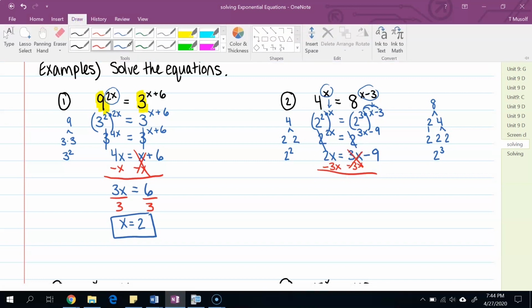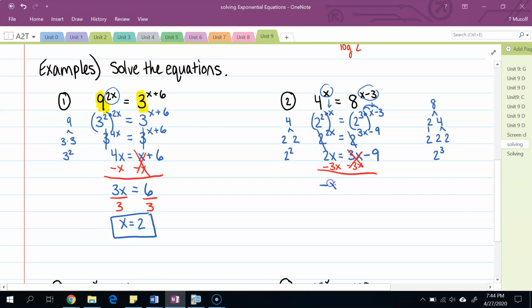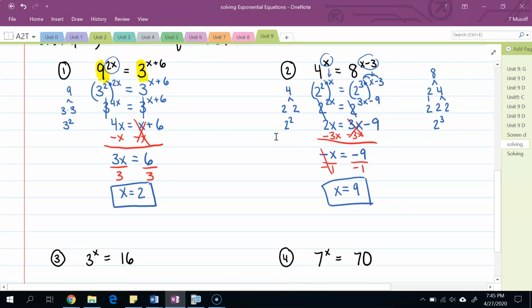Okay, but in doing that, now I'm going to have negative x equals negative 9, so I still have to divide by the negative 1 that's in front of the x. And that will lead me to my answer, x equals 9. Okay, again, you're welcome to plug it back in, right, and see if it works. It should, unless you made a mistake somewhere along the way.